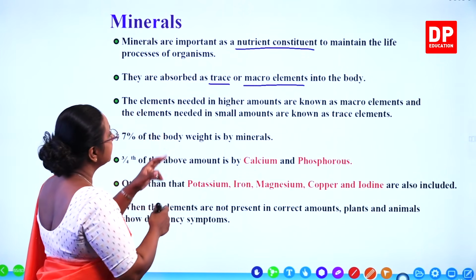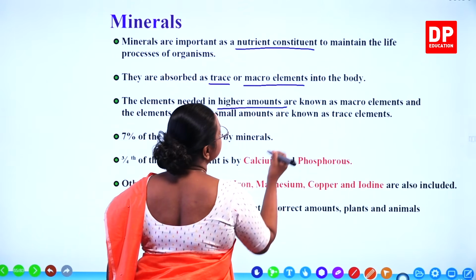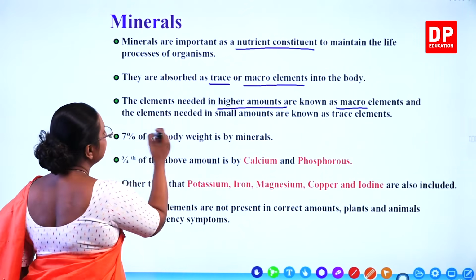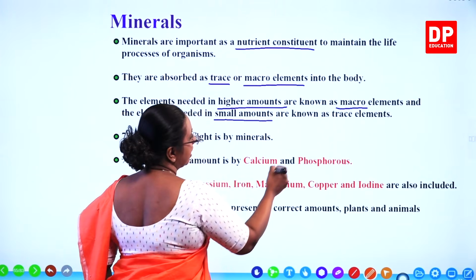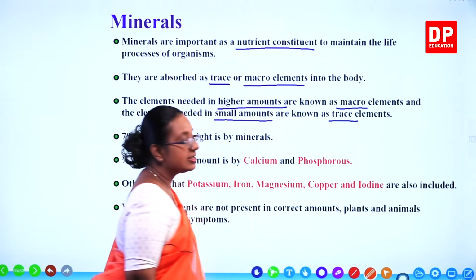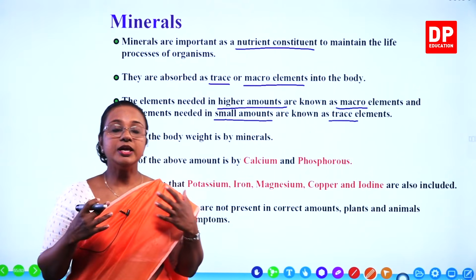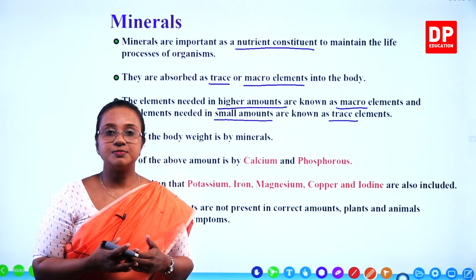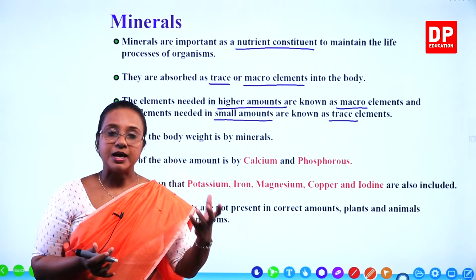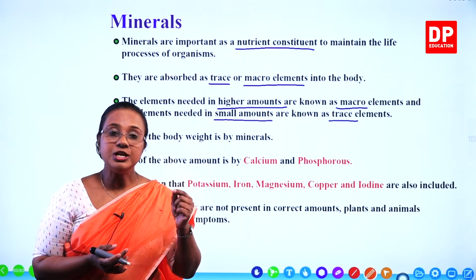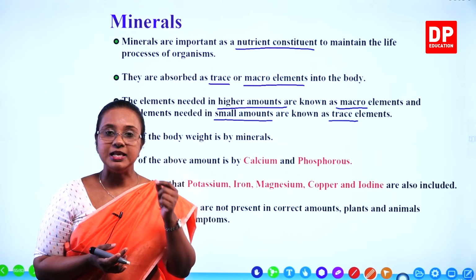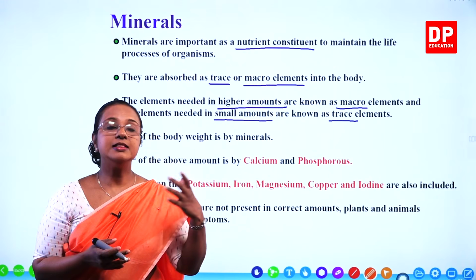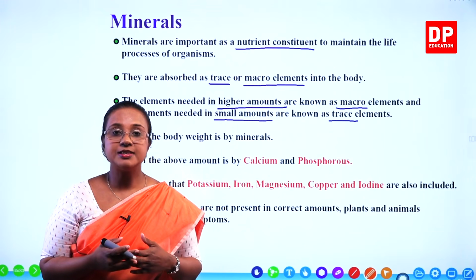The elements needed in higher amounts are known as macro elements, and the elements needed in small amounts are known as trace elements. So, if the living body needs a lot of that element, it is known as macro. Macro means large. And if only a very small amount, say in milligrams or micrograms, is needed, then we call it a trace element.